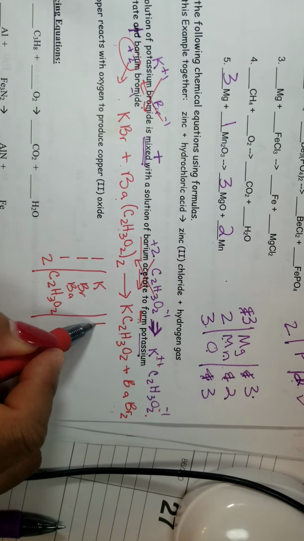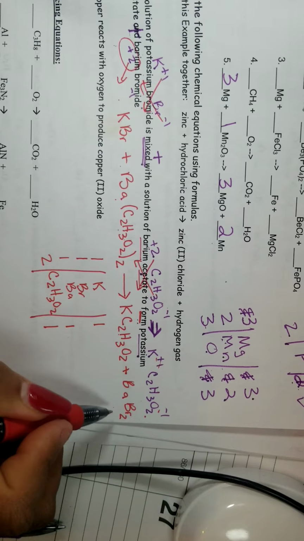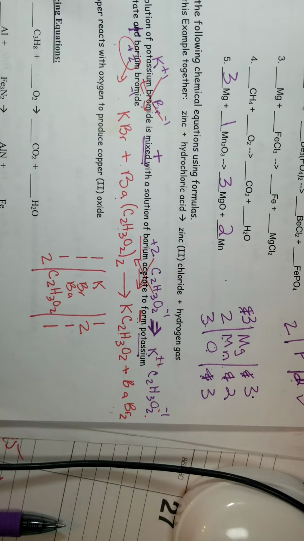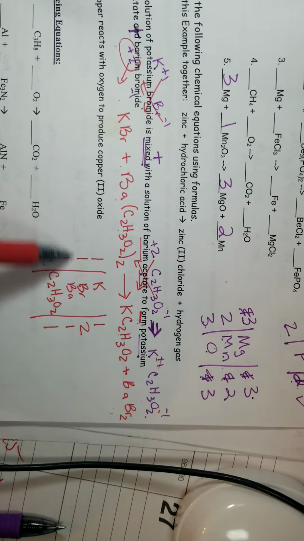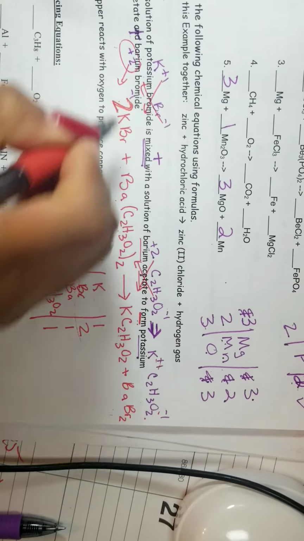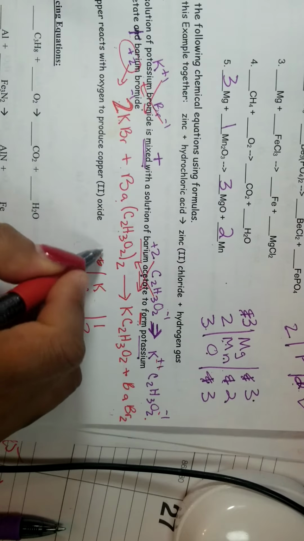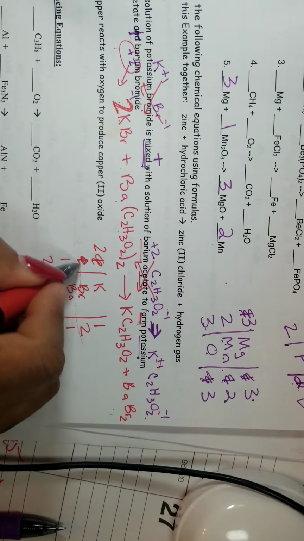Same for the products: 1, 1, 1, 2. I'm not balanced. Let's go ahead and do the Brs. If I put a 2, that changes the K, potassium. So 2 times 1 is 2, 2 times 1 is 2.